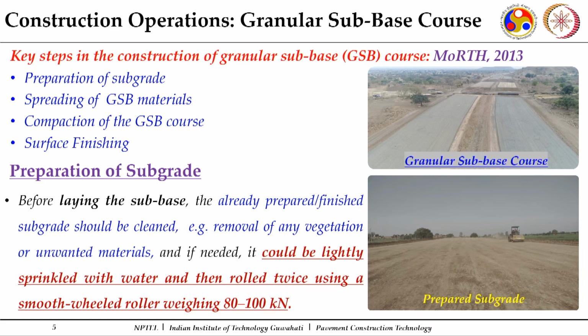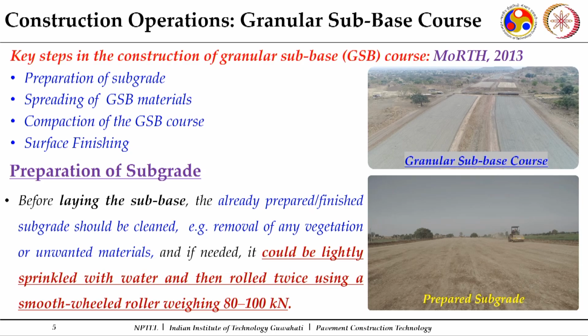Now, during the construction of a granular sub-base course, or any pavement course, it is important first to select the material. You have done the selection of material considering the requirements as per standards and as per the project also.